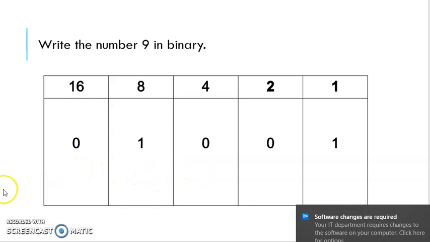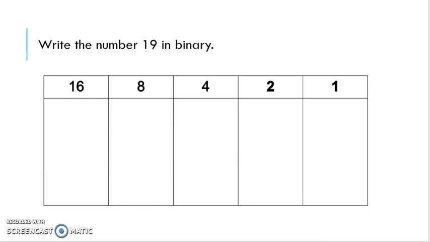Now before we finish, let's just do one more. This time, we want to write the number 19 in binary. My first step is to find the largest number that will fit into my target. In this case, 16 is my largest. So next one, can I use 8? Well, a little bit of math. 16 plus 8 is 24.